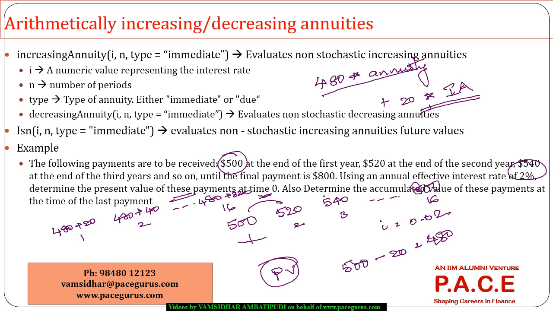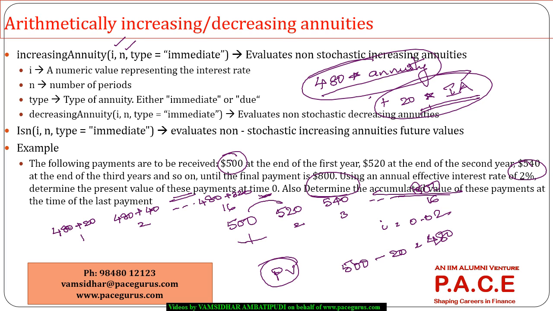Now the same thing, I want to find the accumulated values at the time of the last payment. First let's finish off the annuity part. For 480, it's an annuity. For 20, it's an increasing annuity. Coming to this increasing annuity, I need to give the interest rate, then the number of periods.